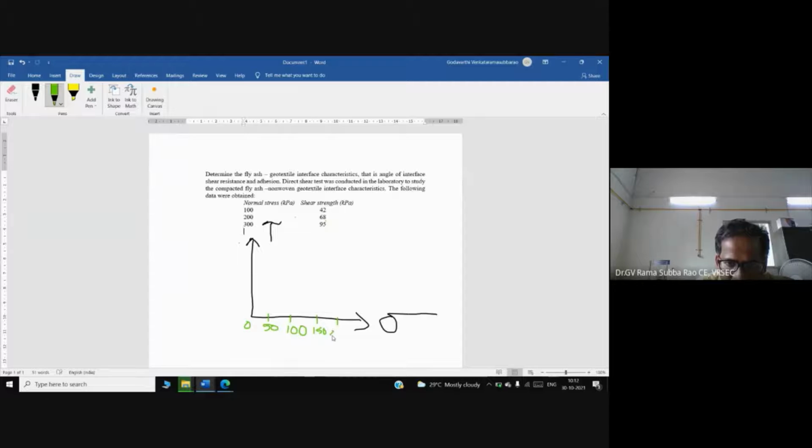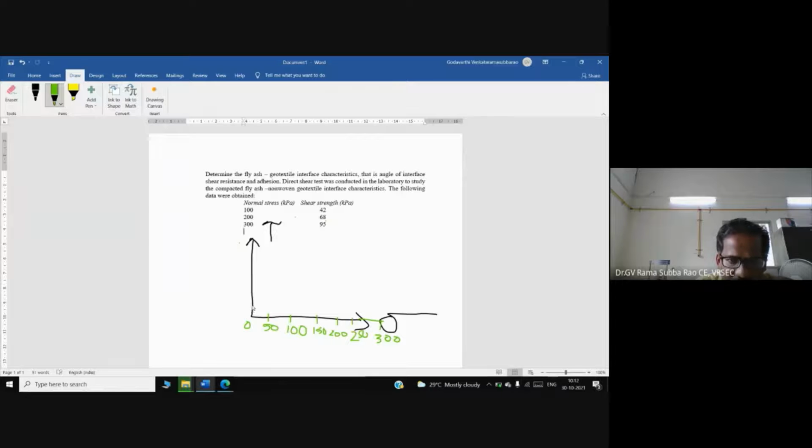Here you can see 200, 250, and 300. Anyhow, 300 is enough for us because the maximum value in the data is 300.